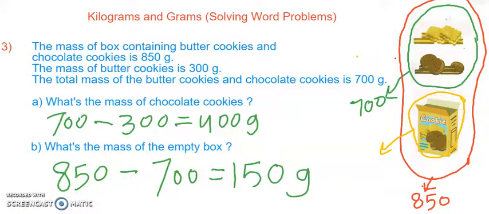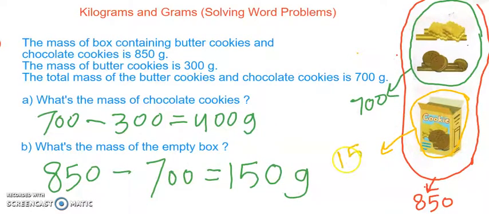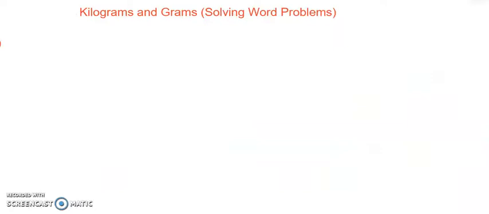This means when we take out the cookies from the box, it becomes empty, and its mass is 150 grams. So we write here 150 grams for the box. Let's clear everything here, and now I'll give you another example.